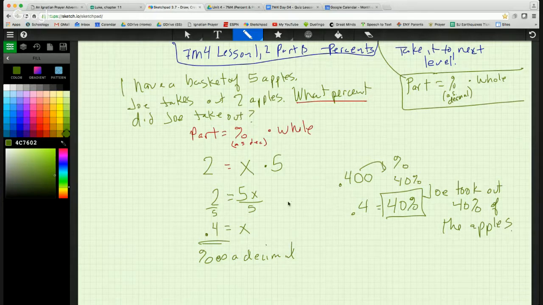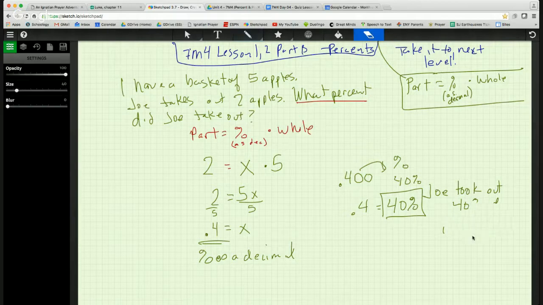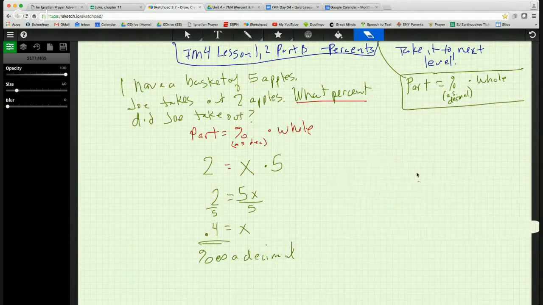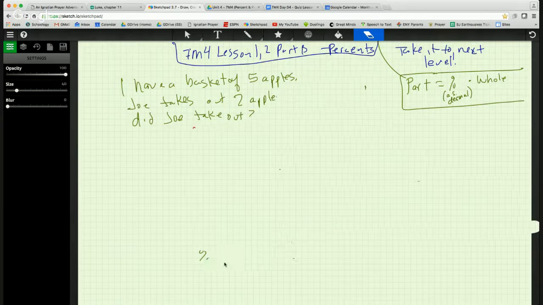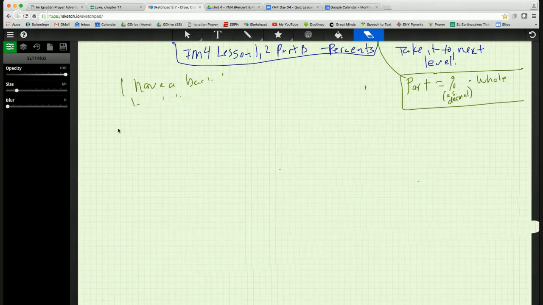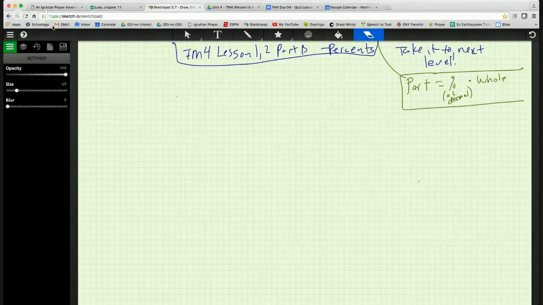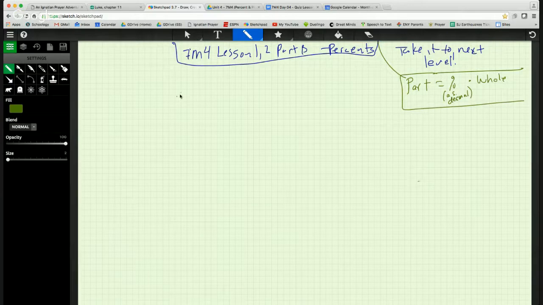Okay, so let's look at one that's slightly different. We'll erase this guy. And it's going to be maybe a little trickier. I don't know. Actually, it's not going to be any trickier. Everything's just going to use the same old formula, and we're going to make it work. So here we go.